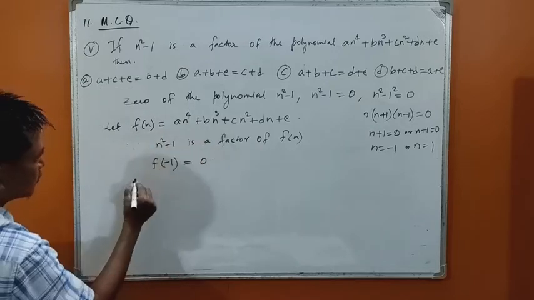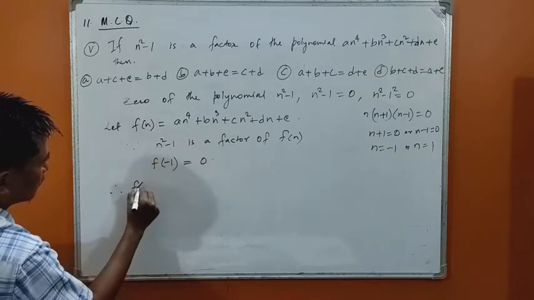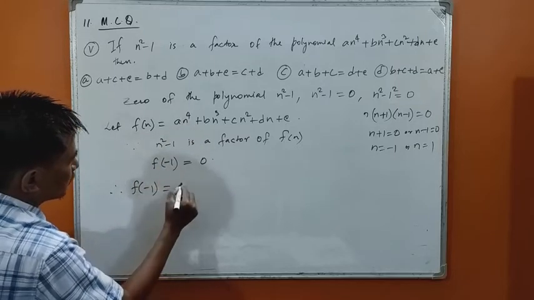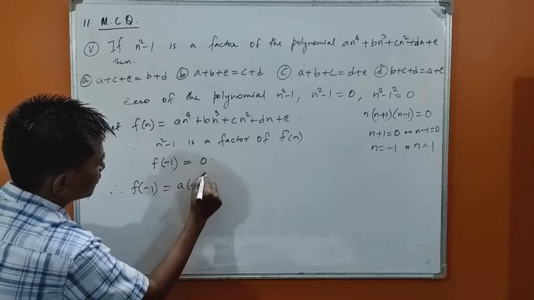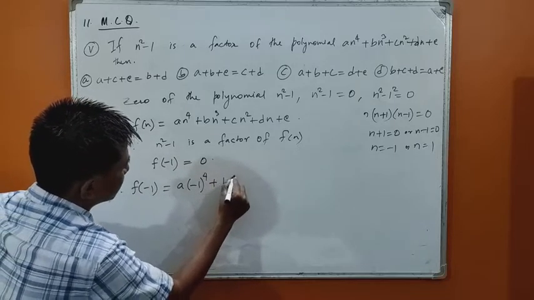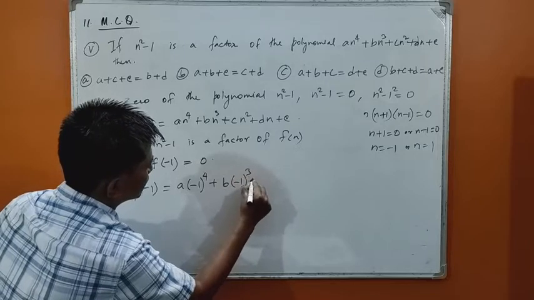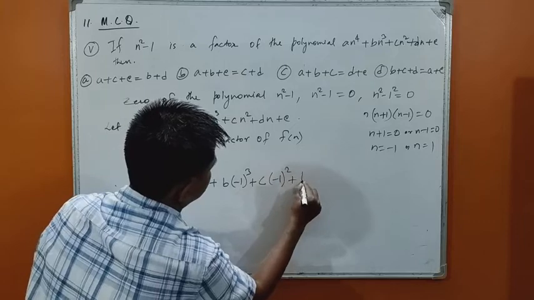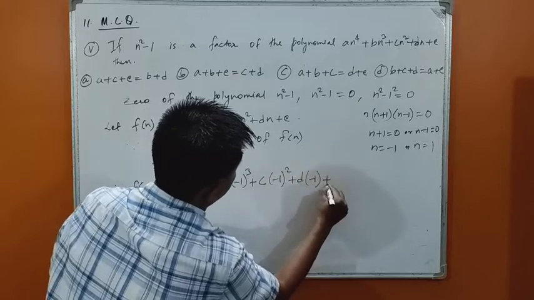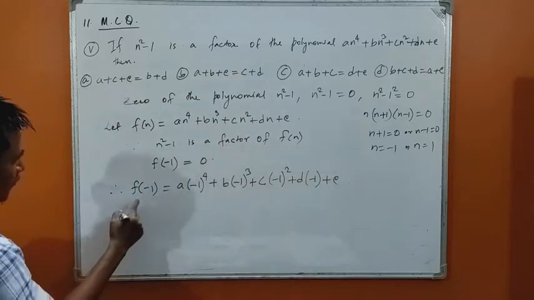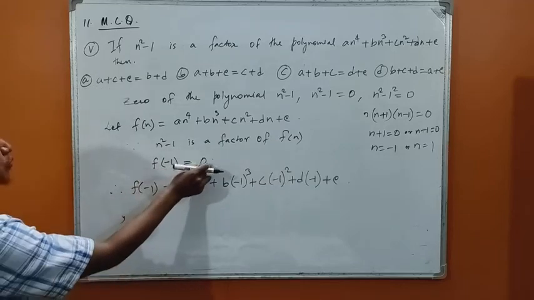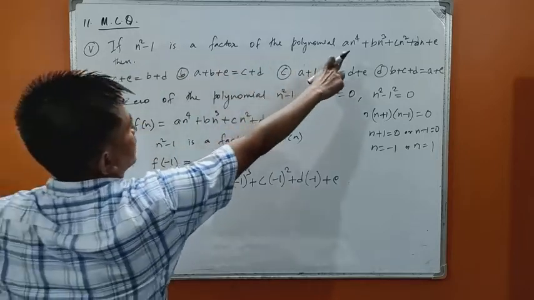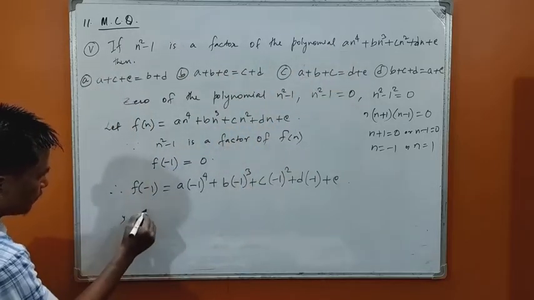Or f(x) is this, so f(-1) equals, instead of x we write minus 1, okay? a(-1) whole to the power 4 plus b(-1) whole cube plus c(-1) whole square plus d(-1) plus e, isn't it? Or f(-1) is 0, isn't it? Remainder should be equal to 0, so that x square minus 1 is a factor of this expression. So this is 0, remainder is 0.